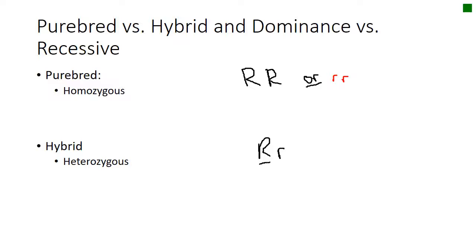So you have a dominant allele here and a recessive allele here. Just basically to simplify things for yourself, if the letters match, then it's purebred and it's homozygous. If the letters do not match, then it's hybrid and it's heterozygous. Okay, so that's just to keep it simple for you.